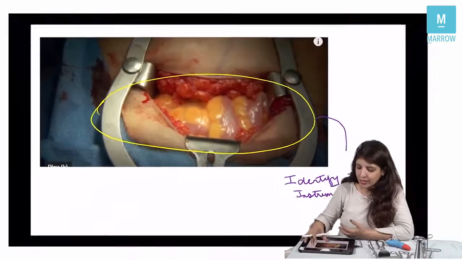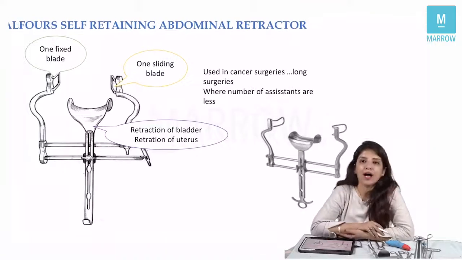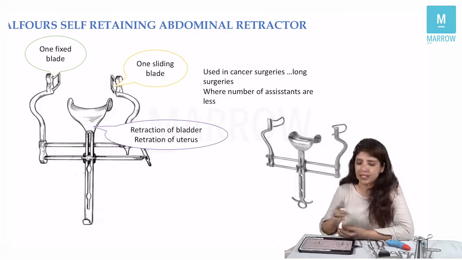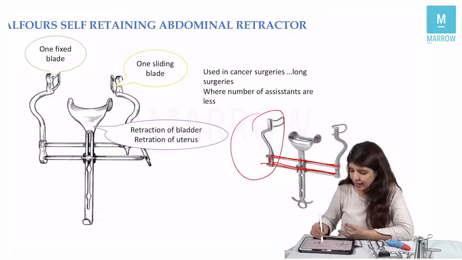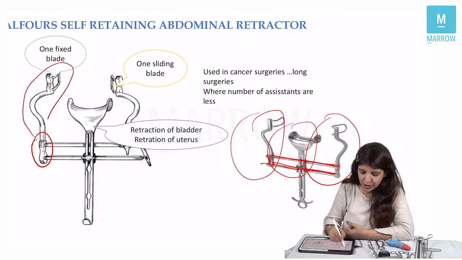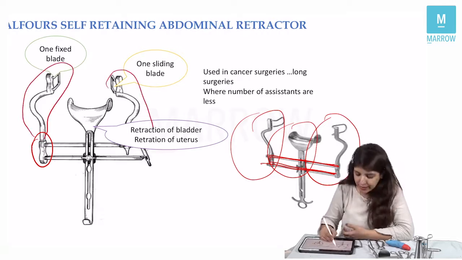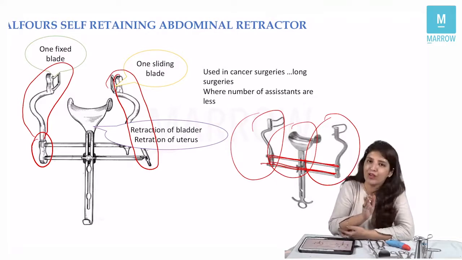Now, how do you identify a Balfour's self-retaining abdominal retractor? I don't have a Balfour's self-retaining abdominal retractor. In the image, you will see that there is a transverse bar and to this transverse bar, blades are attached, right? One of the blades is always fixed. The other blade is a sliding blade. So on one end, you will have a fixed blade.